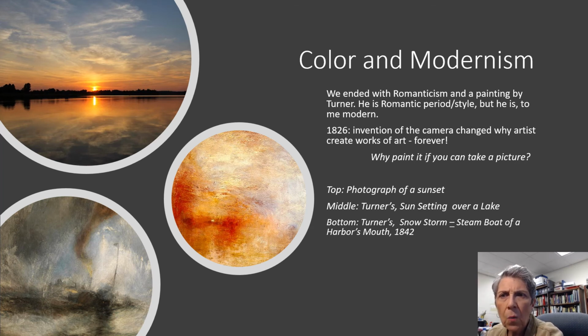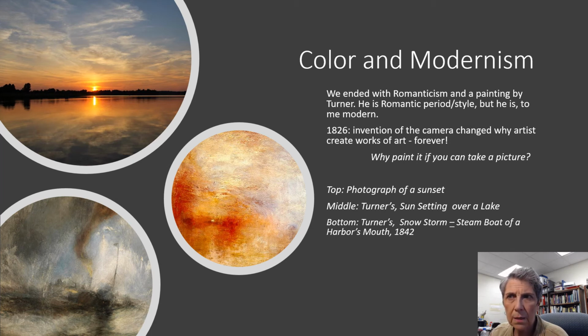And so, you know, artists are liberated not to paint these descriptive, what we would call realistic kinds of paintings, because here you have a camera. Take a picture. So this is a sunset on a lake. This is part of Turner's painting.